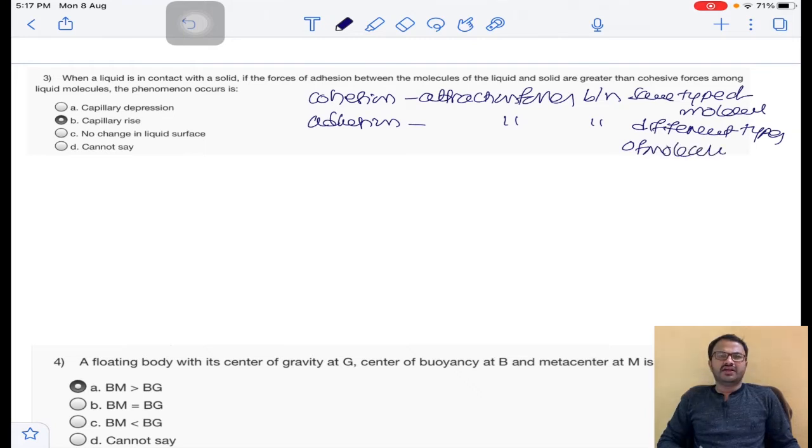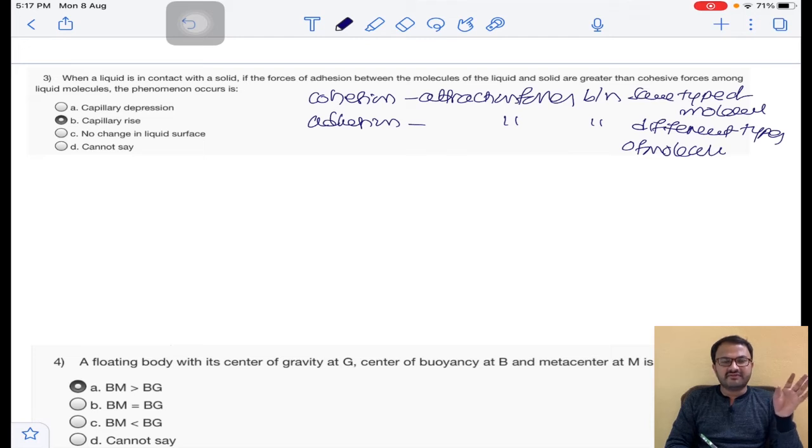For example, if you take water and glass in case 1 and mercury and glass in case 2. So the attraction between the molecules within the water is nothing but the cohesive force. And the attractive force between water and glass is nothing but the adhesive force.